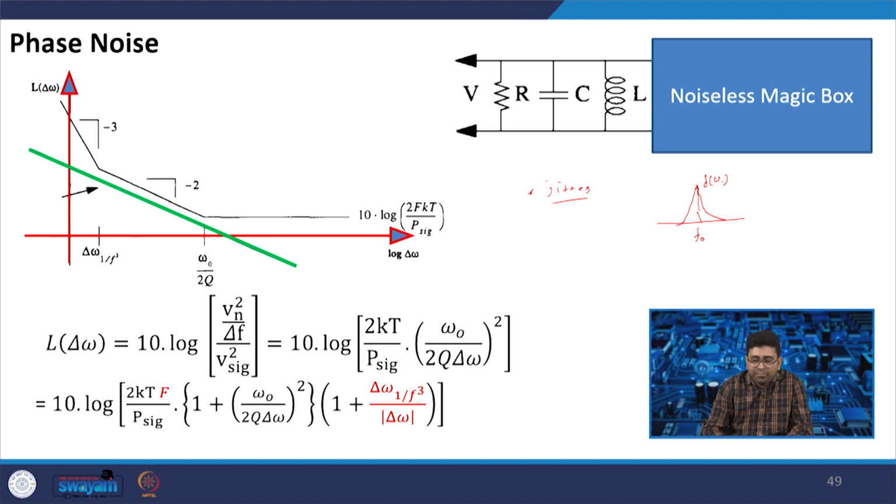If this is drawn as a logarithmic curve, log delta omega against the power, we can identify three components.